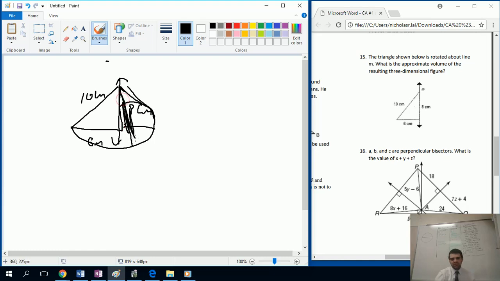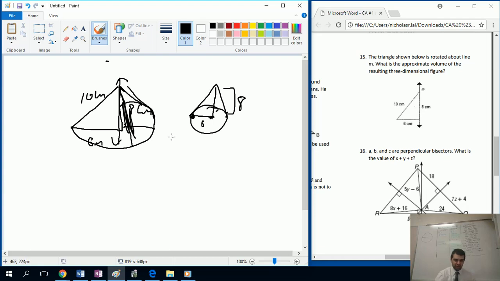So let's take a look at it there, where for our cylinder we have a radius of 6 and a height of 8. So we need to find the volume. So the volume of a cone, I'm sorry, this clearly rotates to a cone. I said cylinder, I meant cone.